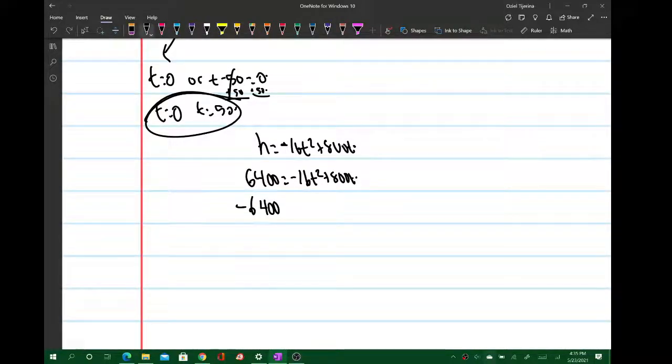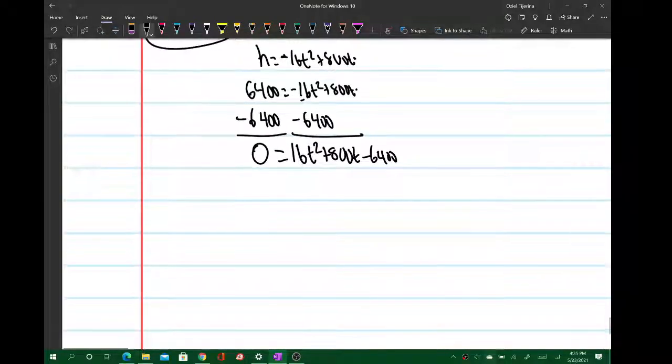Every single quadratic equation that you do, unless you want to solve it by completing the square, that's fine, but then you also have to have a third term eventually, and do the perfect square trinomial, etc. In reality, I would just set it equal to 0, and then you have 16t squared plus 800t minus 6,400 equals 0.